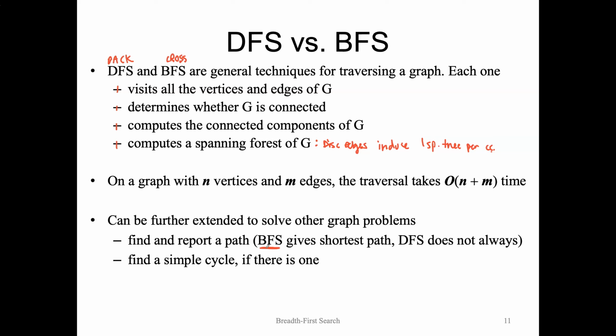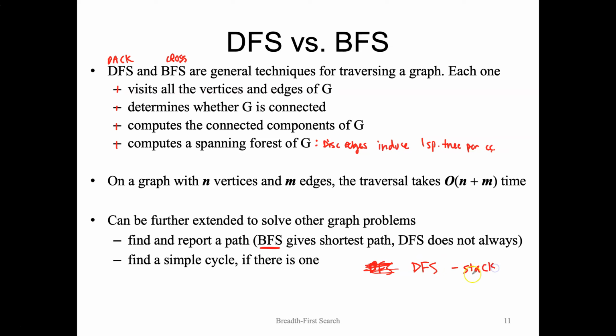Now, both of these algorithms can be implemented in another way than what I had shown by using a data structure to keep track of which vertex will be visited next. And in this way, we could implement, let's say, DFS using a stack. And we kind of did this.